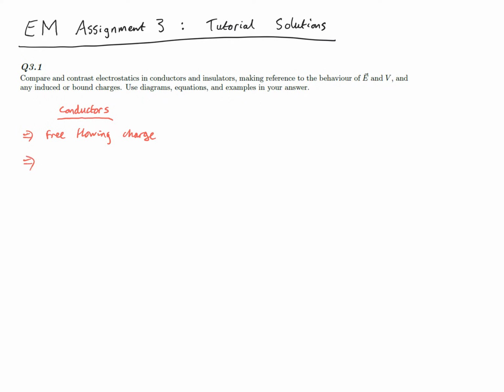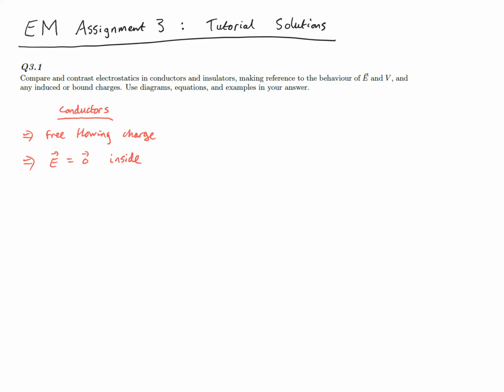So because of the free-flowing charge, we have that the total electric field E is equal to zero inside. And that's really the key point about conductors in terms of electrostatics. Everything else that I'll talk about flows from that condition.